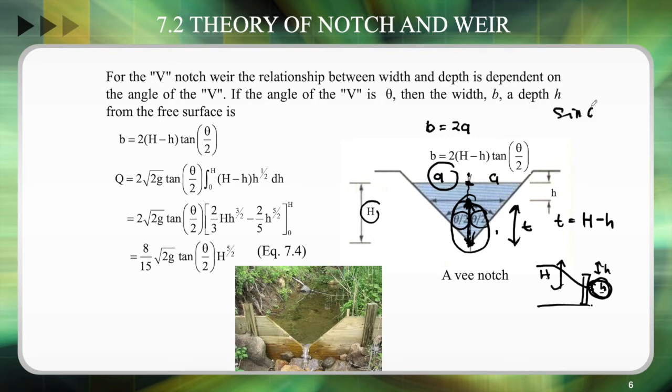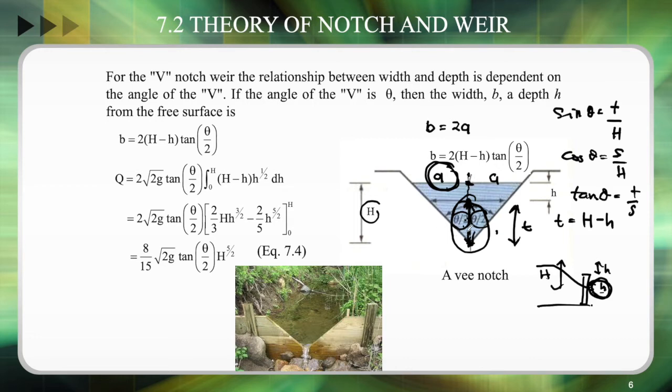Sine theta equals T over H, but from here we will use tan theta because we have this value and we want to find this. We do not have the hypotenuse value.